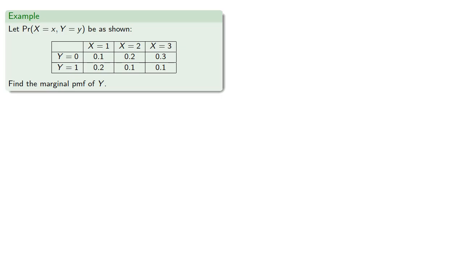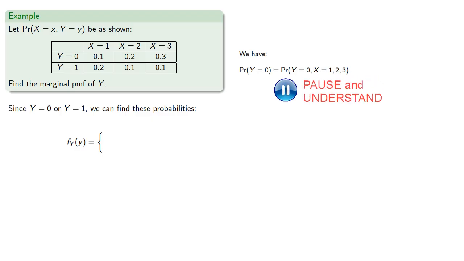So let's consider a joint probability distribution, and we'll find the marginal probability of y. Since y equals 0 or 1, we can find these probabilities. So the probability that y is 0 is the probability that y is 0 and x could be 1, 2, or 3.